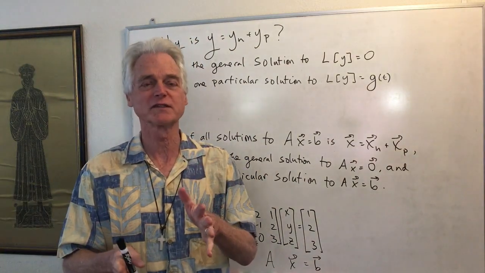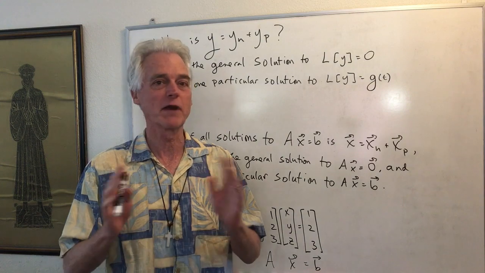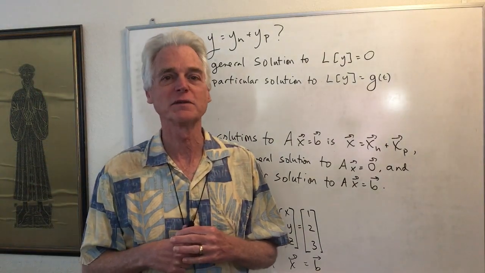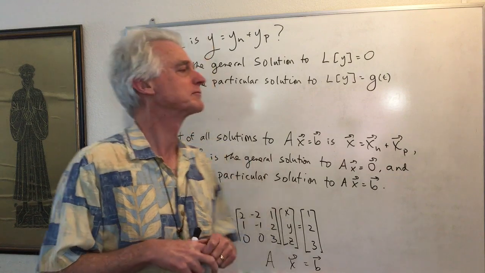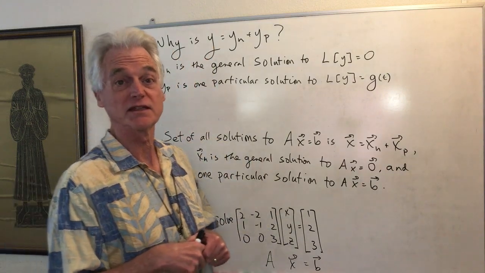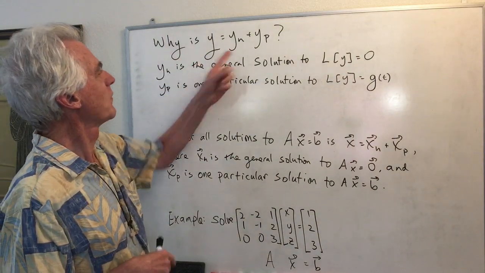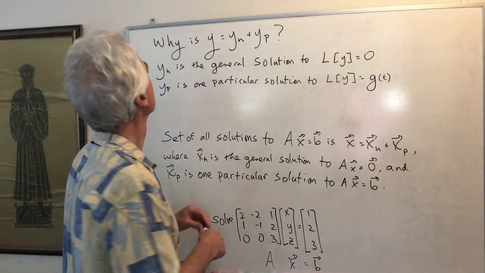All right, this one is going to be a little more theoretical about the whole set 12 idea of non-homogeneous linear ODEs. So the title of this is Why is y equal yh plus yp?